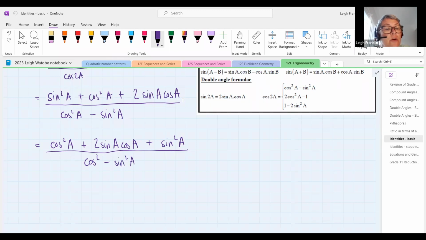Now, I see there's a lot going on in the chat. I'm just going to stop and have a look at what you guys are saying. Yes, now we're going to factorize the numerator. Quite right. Absolutely. So how am I going to factorize the numerator? What am I going to write? What would you write if it was you?